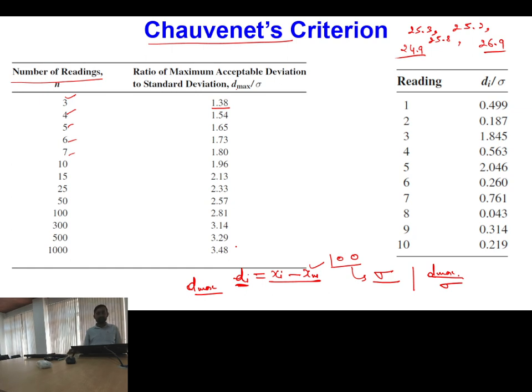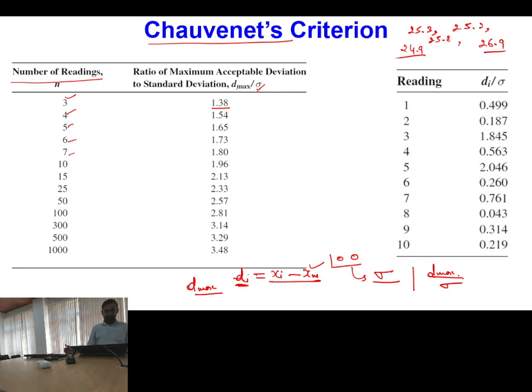Based on the criterion of the normal distribution, this maximum deviation by standard deviation is considered the cutoff criterion to say which sample is statistically good or bad.